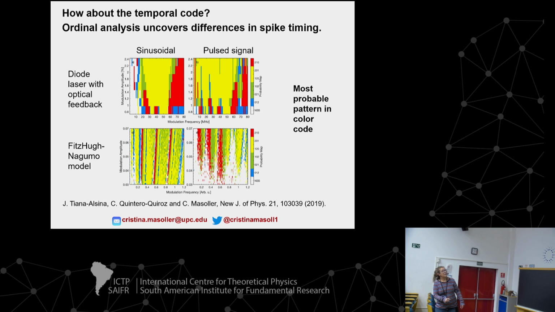But in the FitzHugh-Nagumo model, you can see the structure is completely different. Meaning, we find similarities with the spike rate, but no similarities in the temporal structure of the data. So we need to work far harder to find conditions in which our lasers really mimic or reproduce the behavior of neurons, both at the level of the spike rate and at the level of the temporal correlations.